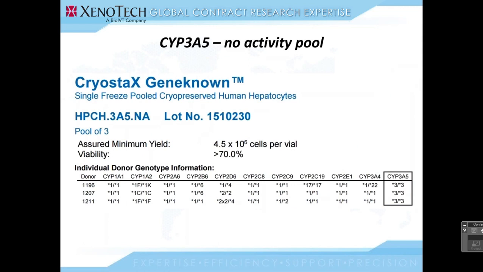The way we present characterization of genotyped hepatocytes is illustrated in the case of the CYP3A5 no activity pool. First, Cryostack is a reference to pooled hepatocytes from multiple sources that were cryopreserved only once and have not been thawed before use.